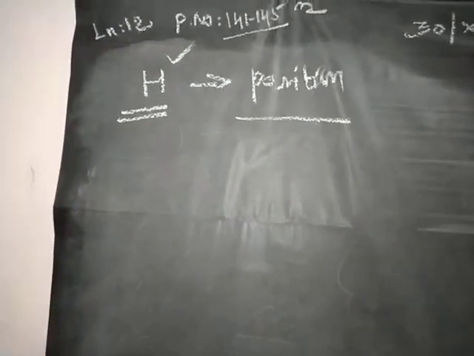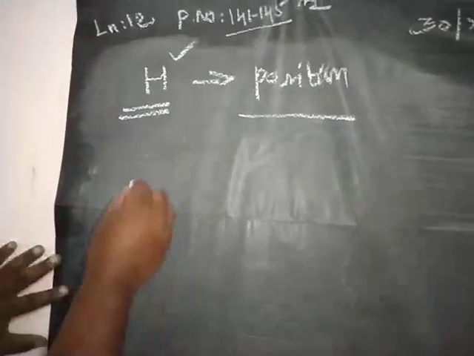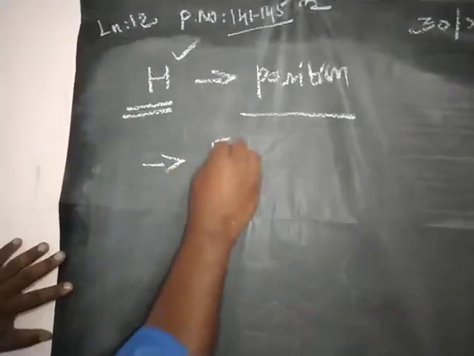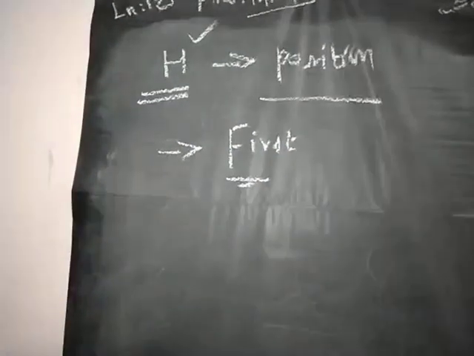Hydrogen is the lightest, smallest and first element in the modern periodic table.